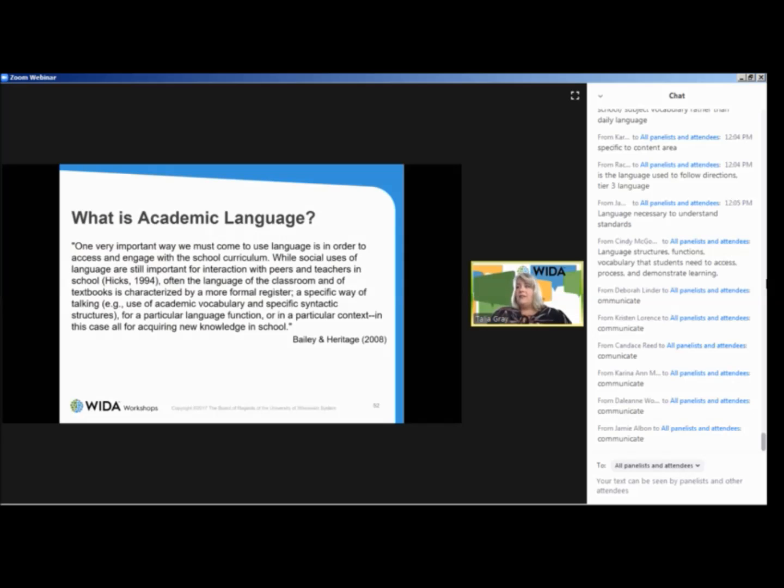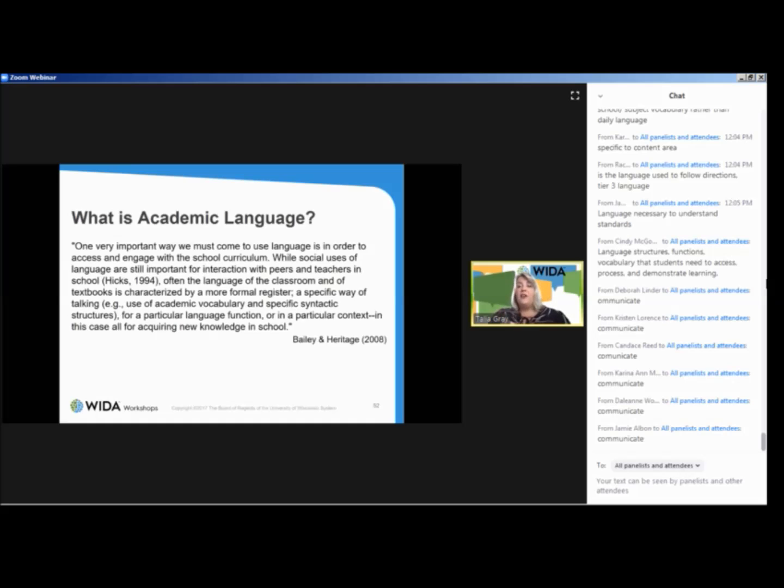Now, I'm going to give you a quote from Bailey and Heritage about academic language, and I'm going to read this out loud to you. It says, one very important way we must come to use language is in order to access and engage with the school curriculum. While social uses of language are still important for interaction with peers and teachers in school, often the language of the classroom and of textbooks is characterized by a more formal register, a specific way of talking.